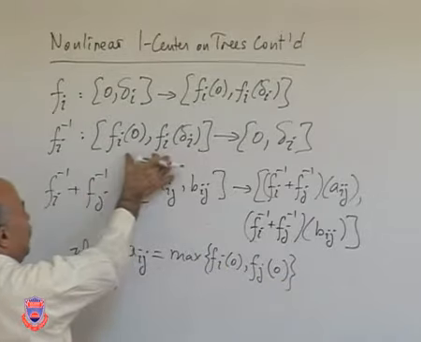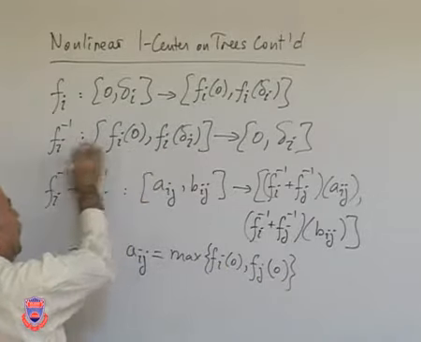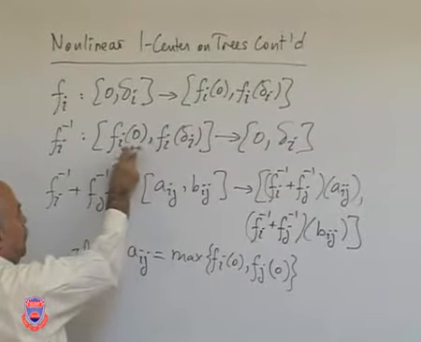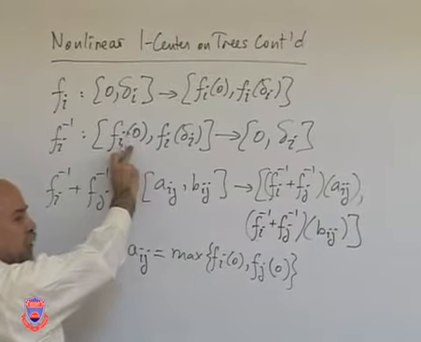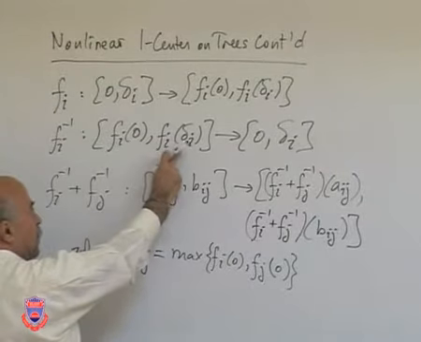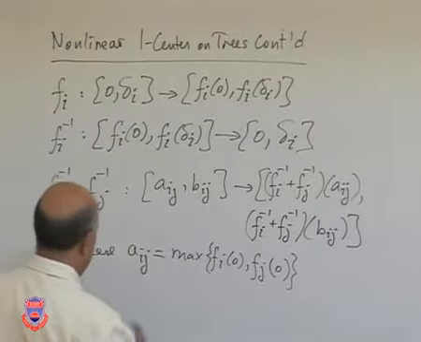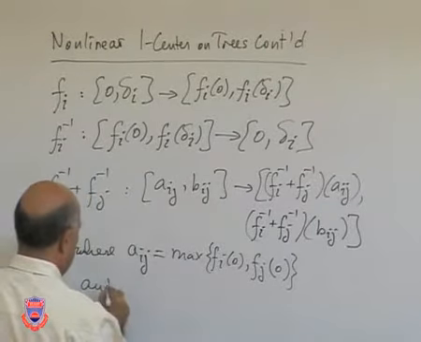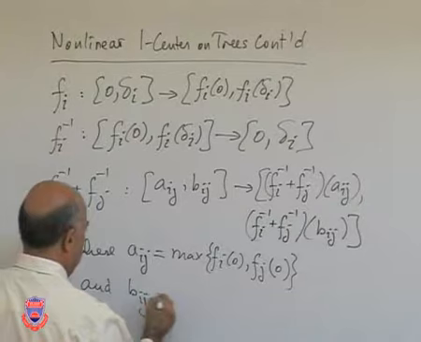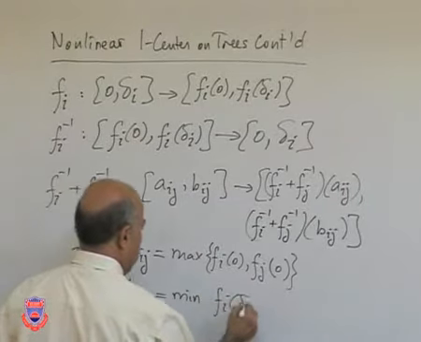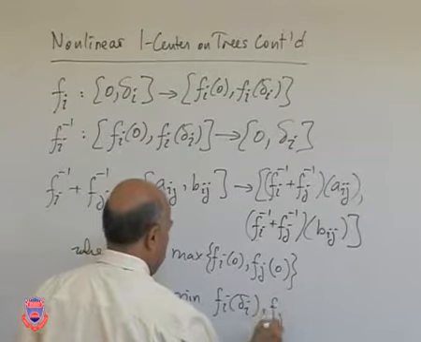So we're looking at the intersection of the domain of f_i inverse with the domain of f_j inverse, which means I'm looking at the larger of the lower bounds and the smaller of the upper bounds. That's how you determine the domain. And b_ij is the minimum of f_i(delta_i), f_j(delta_j).